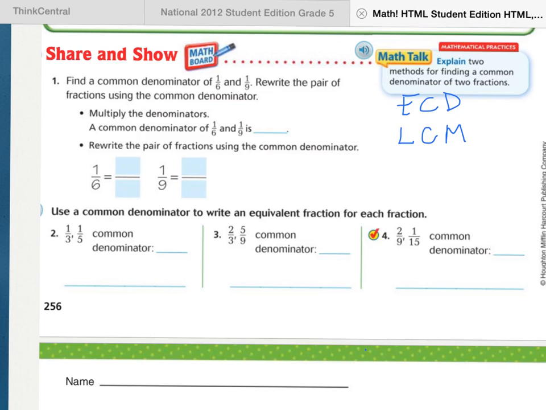So you may go ahead and press pause and work on the share and show problems 1 through 7. If you still have questions throughout this, please raise your hand. So press pause and you may begin.